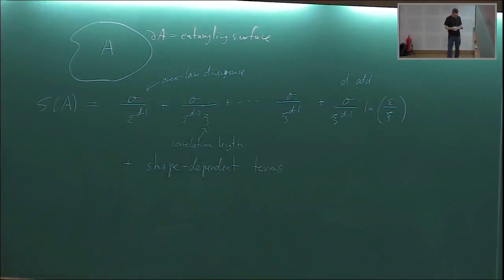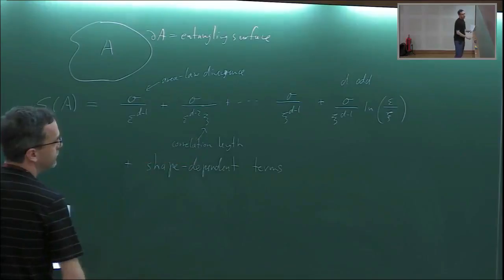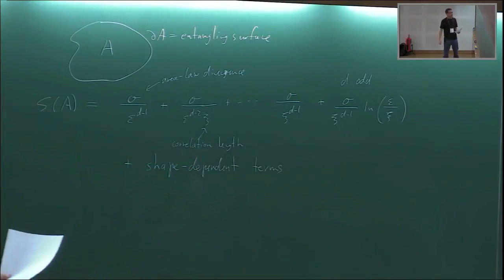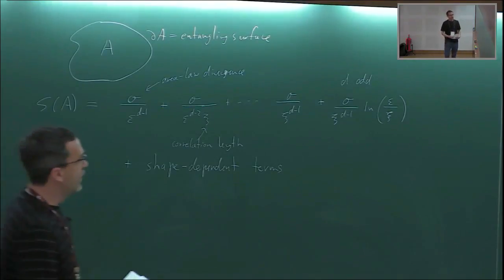Okay. And the name of the game here is to forget about this stuff that depends on the cutoff, because that's all kind of dirty regulator-dependent stuff that doesn't actually capture properties of the continuum field theory that we're trying to model here.